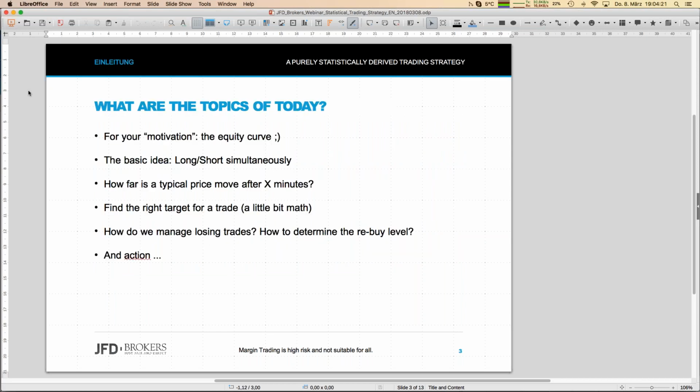So in detail, the topics of today, since we go into some equations, I want to have a little bit of motivation first, and the next slide is already the equity curve of the strategy. It's 3 weeks ago that I derived that strategy. Now I have results already, traded results for 2 weeks, and I will share them.